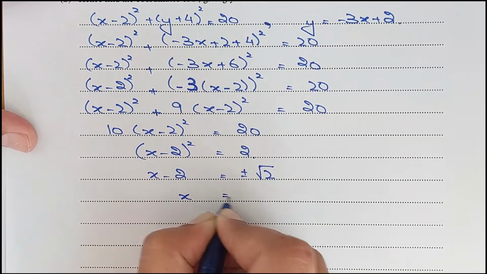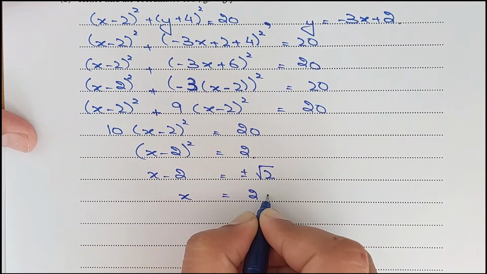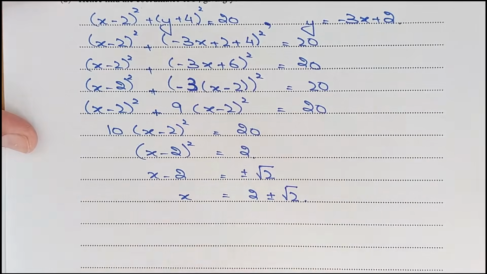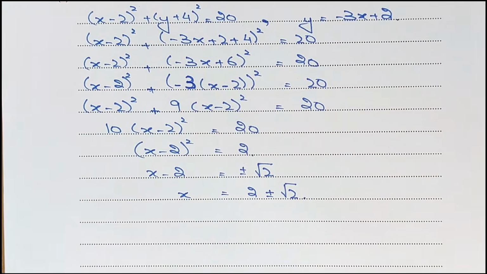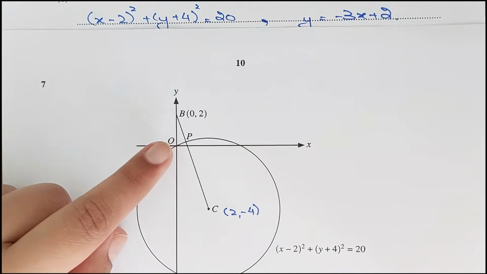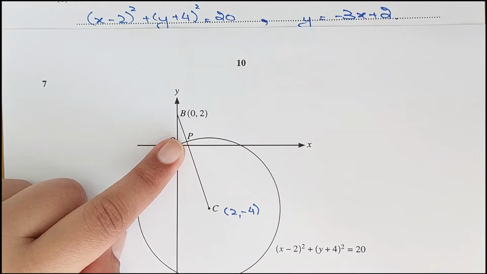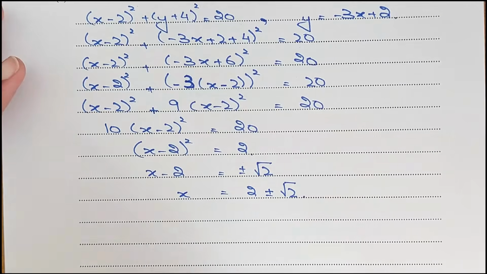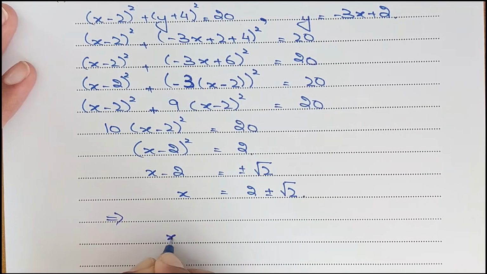So x equals 2 plus or minus square root of 2. Which x coordinate do we have to use? As you can see, at the point of intersection of the line and the curve, x is positive and y is also positive, so we consider only the positive root. So x equals 2 plus square root of 2.